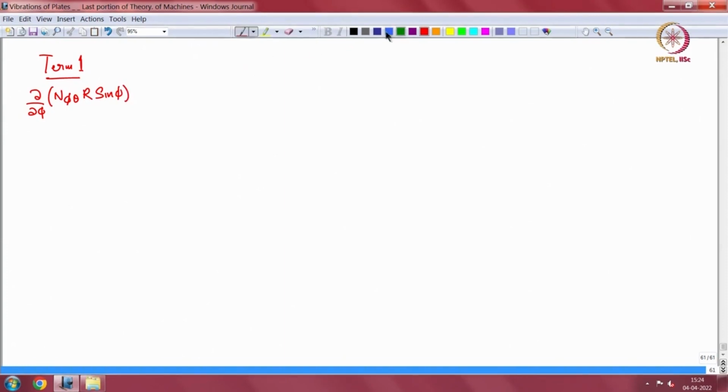And so we draw the picture now. This is my axis of rotation, my element, okay, this is the phi angle, this is d phi, and we are now adding in the theta direction, which is like this theta direction.